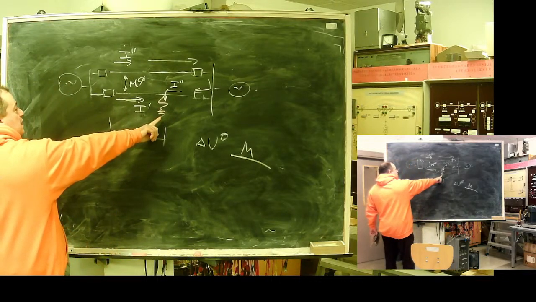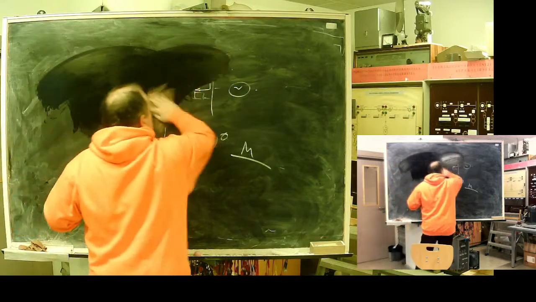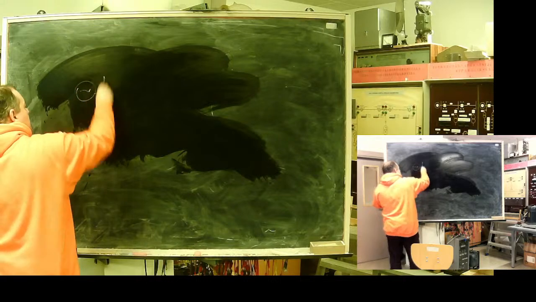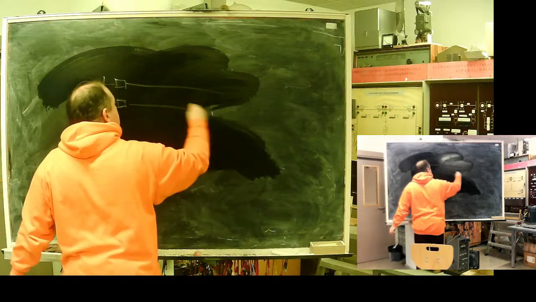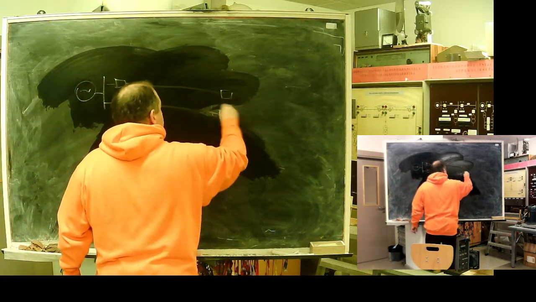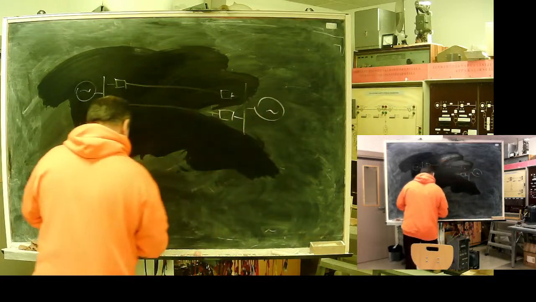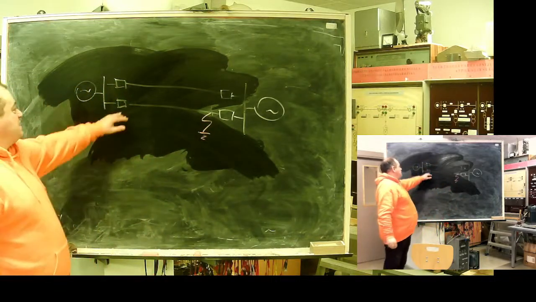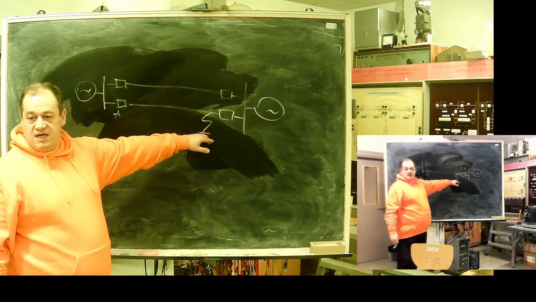As I draw, maybe, okay, I will draw it once more. So we have a system, two parallel lines, and a source on the other side. Here is our fault. For this protection, the fault is in the second zone.